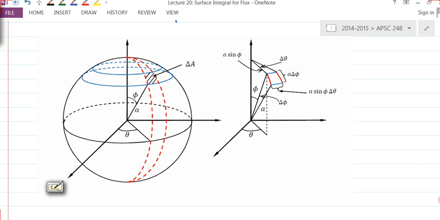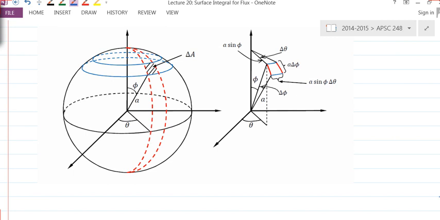So here is delta A on the small patch, okay? You don't need to draw this, but I'll just illustrate this. Actually, when I give you the results, you'll see you already know this, all right?